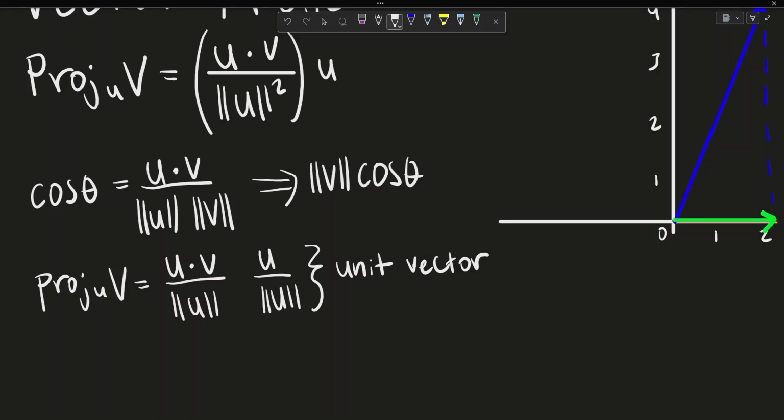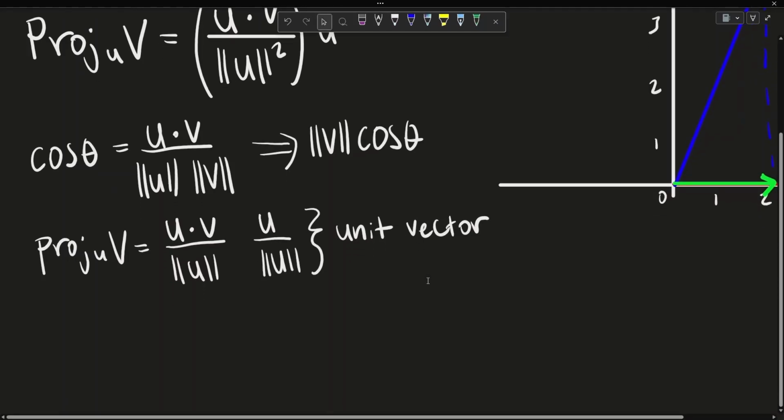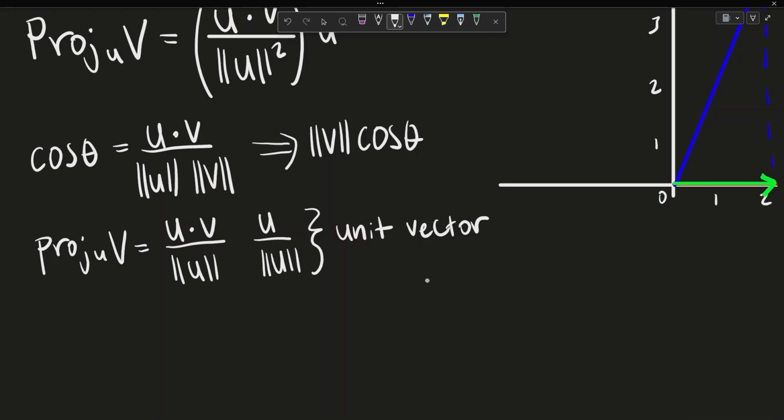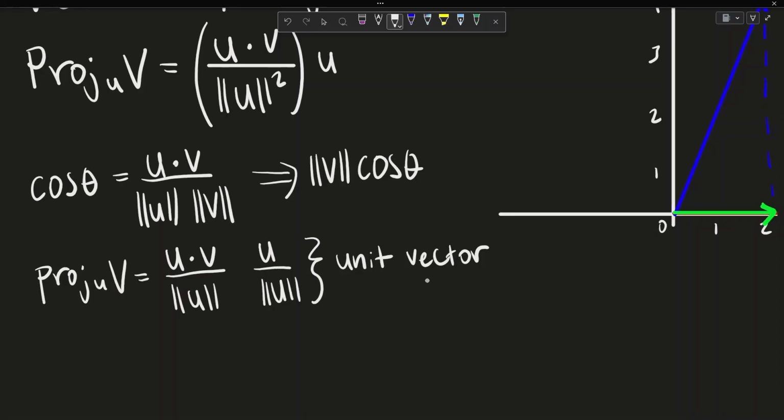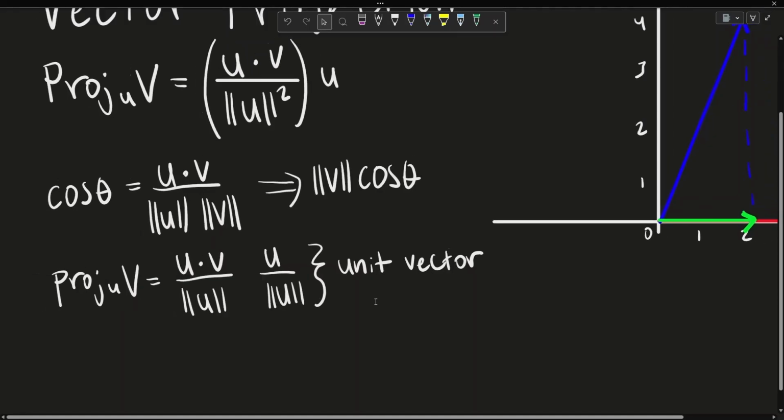And so intuitively, what you have is a vector of length 1 of the vector we're projecting onto, and multiplying it by the component that points in the same direction as that, which is the magnitude of the vector that we're projecting times the cosine similarity of those two vectors. And so if that's a bit confusing, don't worry about it too much. But for the curious amongst you, this is just how we derive this formula.